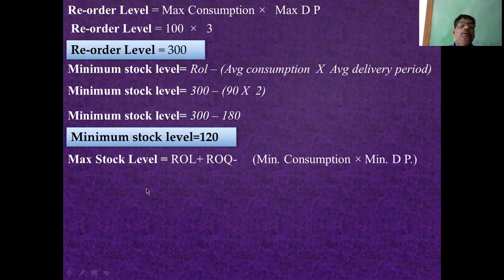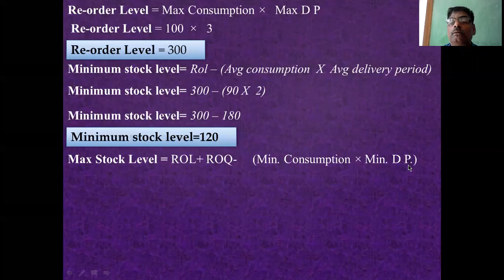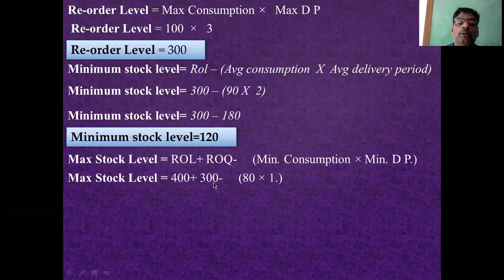Then next, the maximum stock level. Maximum stock level is equal to ROL plus ROQ minus minimum consumption into minimum delivery period. You see here, ROL, reorder level is 400 plus ROQ is 300.